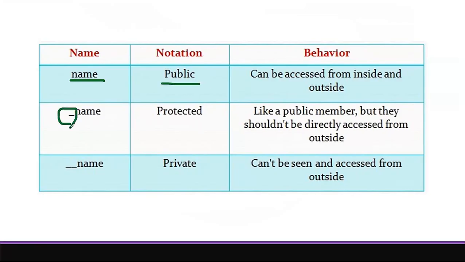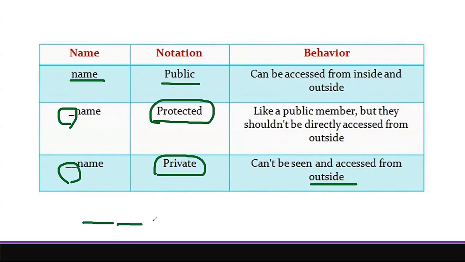One underline is usually protected. Two underlines is usually private. A private variable usually cannot be seen from outside. Double underscore variables or double underscore functions are private, because they have a double underscore there. A single underscore is considered protected.